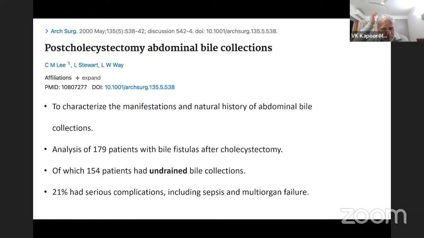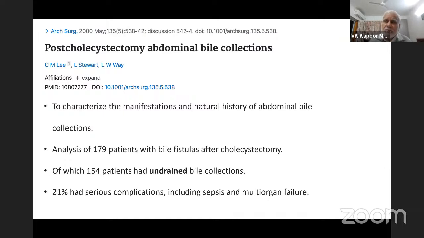Again, Kailash has quoted a report of patients who had undrained bile collections, and undrained bile collections resulted in serious complications, including sepsis and organ failure. If there is bile in the peritoneal cavity, it has to come out.